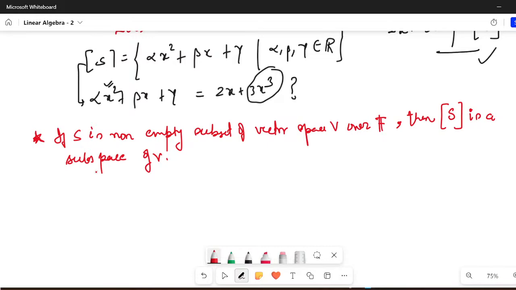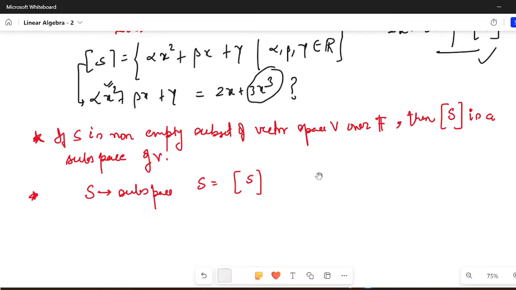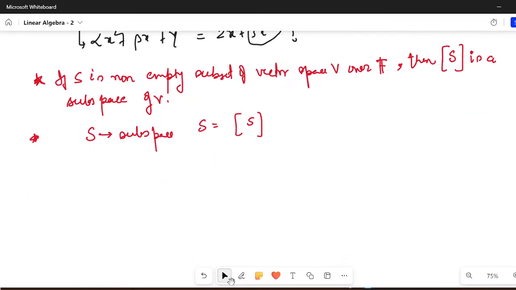And if this non-empty subset of vector space V happens to be a subspace itself, then S is equal to its linear span. We would have to prove these two, but right now I'm not in the mood to prove them because in physics we are here to just know things. So just remember these two results. They may be useful at some point, and I'll use them directly there.